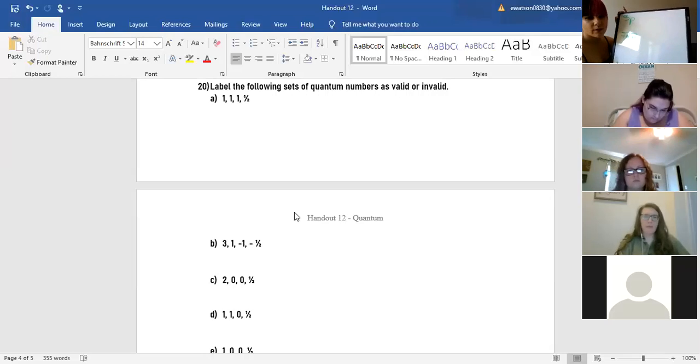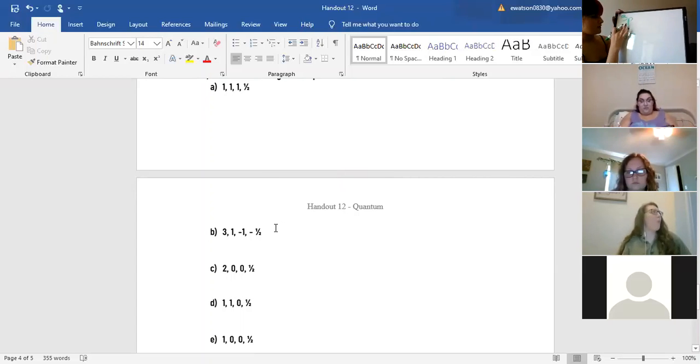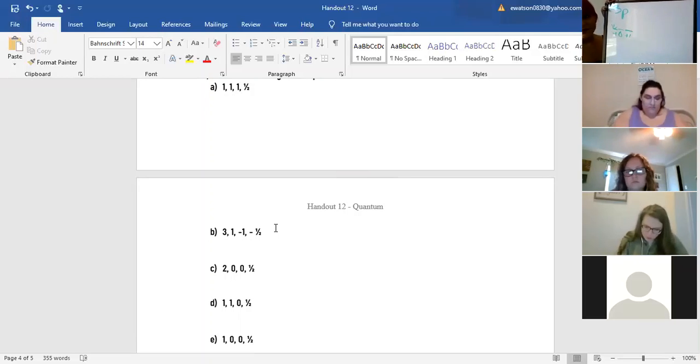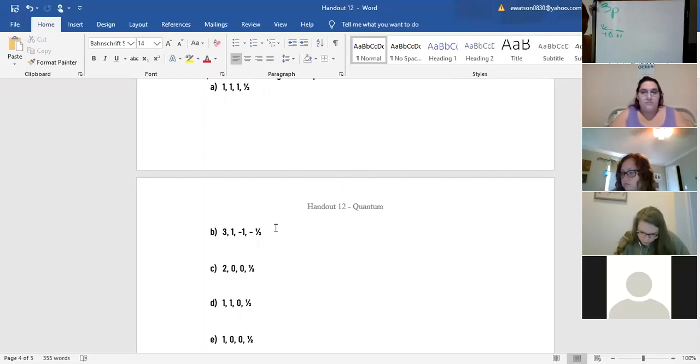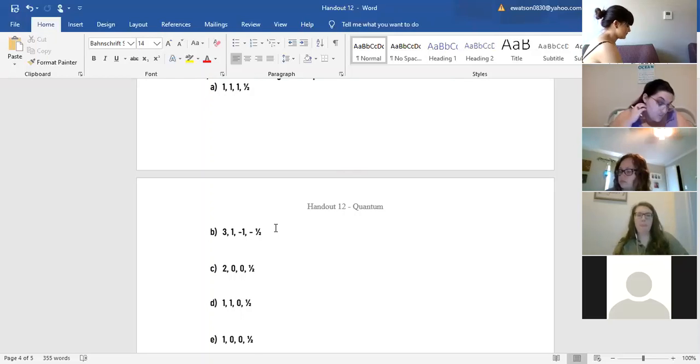It says our M sub L is -1. Does that fit? Yes. It's going to be facing downwards because we have a negative 1/2. Does this make sense? Is this valid? Yes. This is going to be a valid set of quantum numbers.